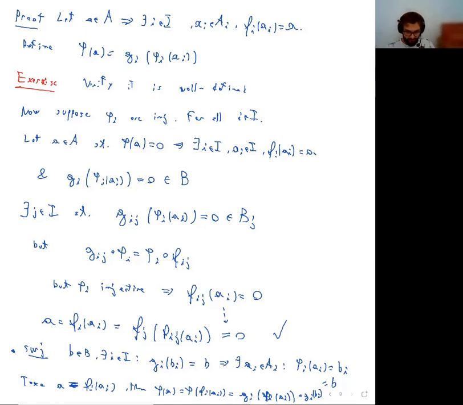And now I want to give some properties again of this direct limit with respect to other known operations. So how does the limit behave under direct sum, under tensor product, and under our Hom functor.